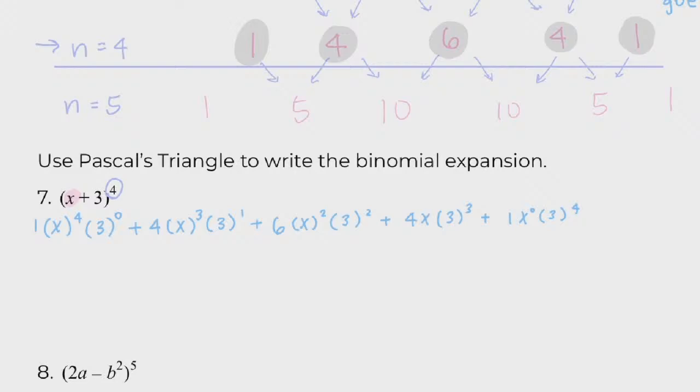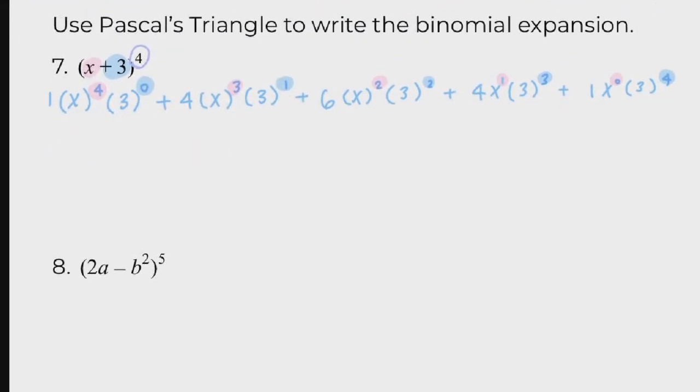So if we look at all of the exponents for x, it went from 4, 3, 2, 1, and 0. And if we look at the exponents for the second term, 3, that went up. So 0, 1, 2, 3, and 4. Next, we're just going to simplify all this.